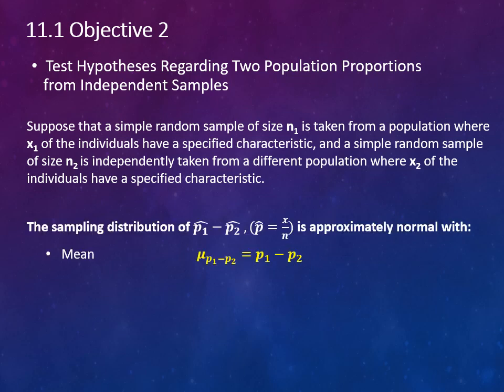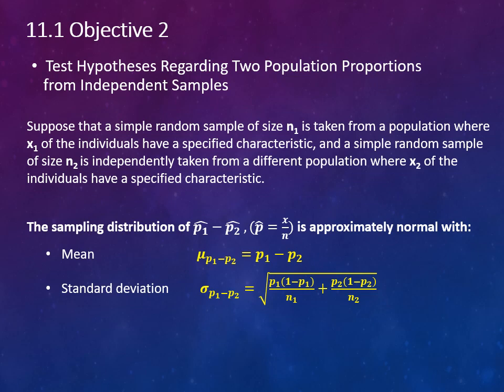The sampling distribution of p hat 1 minus p hat 2, and remember p hat is simply the number that had the characteristic over the total number in the sample, is approximately normal with mean mu of p hat 1 minus p hat 2, which equals p1 minus p2, the proportions there.